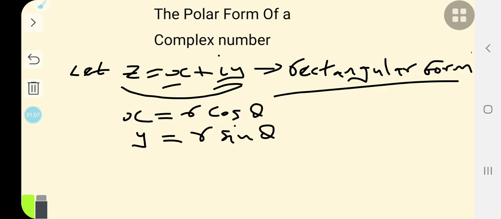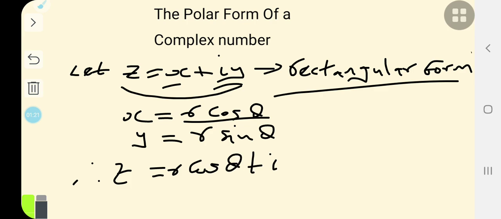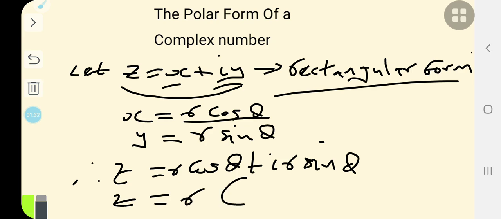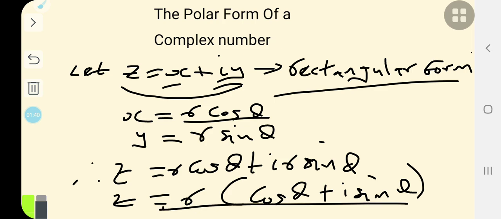So now I will write z equal to, where there is x I'll put r cos theta, plus i, where there is y I'll put r sin theta. Then I can factorize by r, and I'm going to have r times cos theta plus i sin theta. So this is what we call a polar form. You have converted a rectangular form into a polar form.